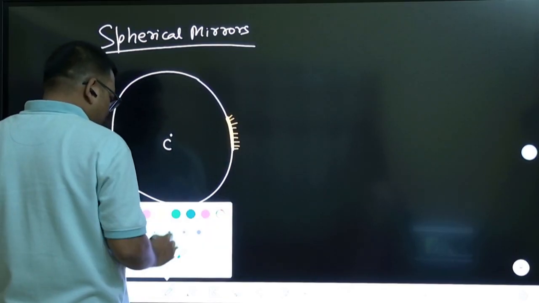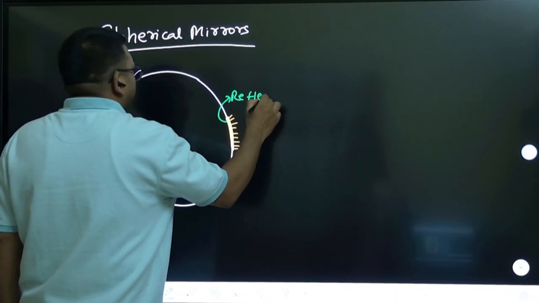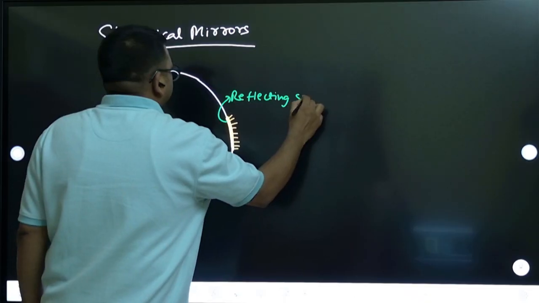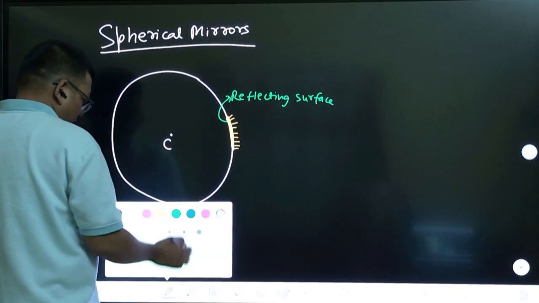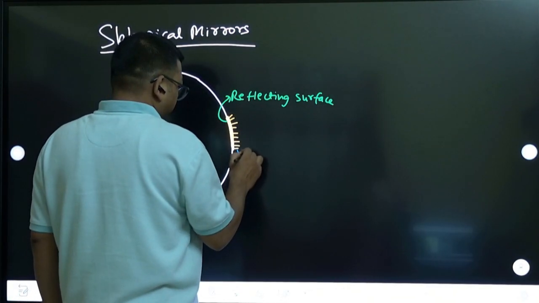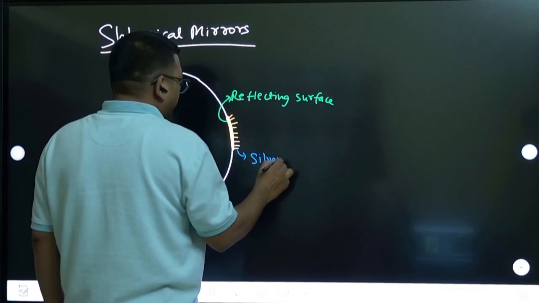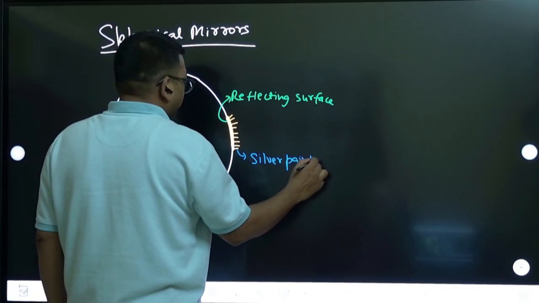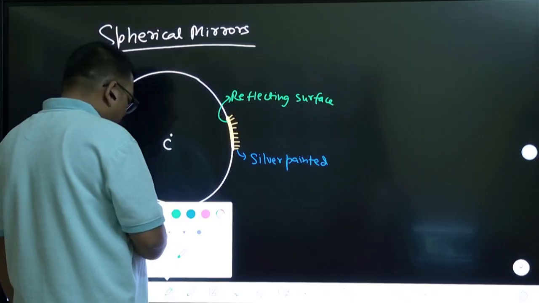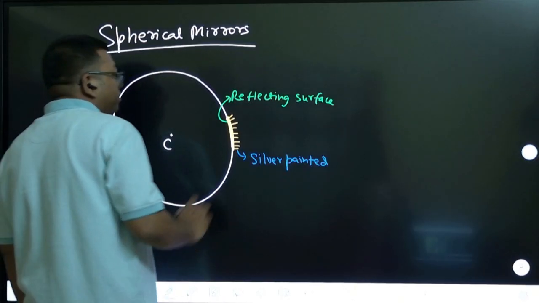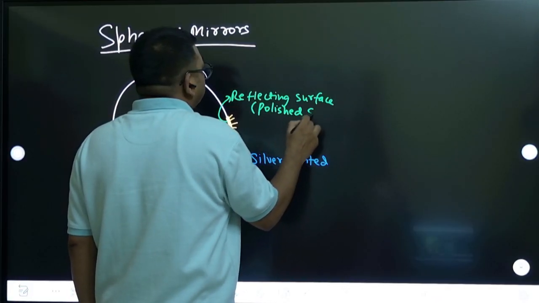So the inner surface is the reflecting surface, and the outer surface is silver painted. Reflecting means it is a polished surface.